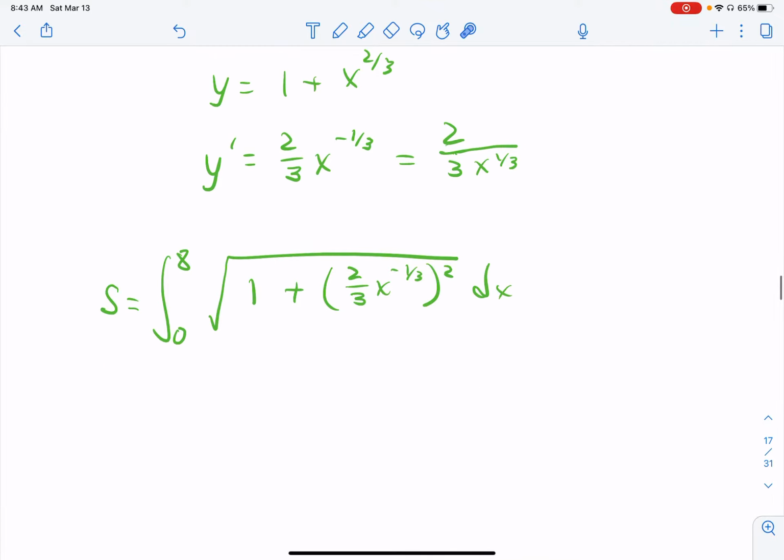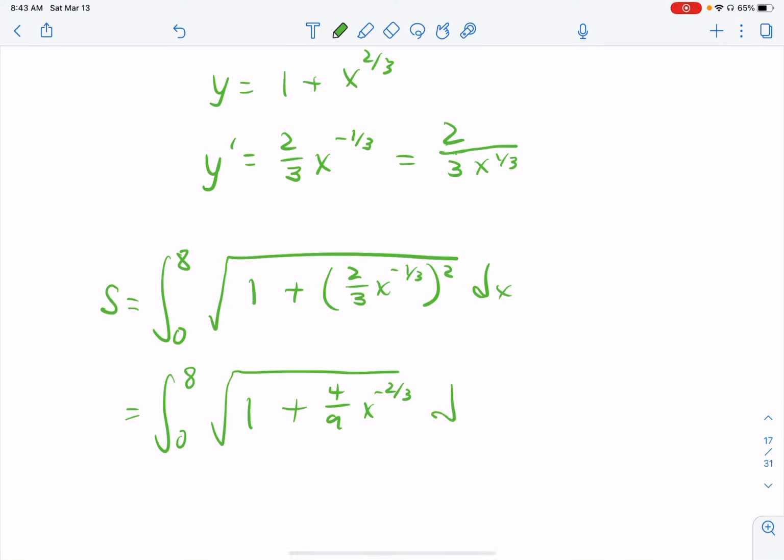When I square this, that does not make this exponent positive. A power to a power, you multiply the two exponents, and I'll have to square that number also. So it's the integral from 0 to 8 of the square root of 1 plus 4/9 x to the negative 2/3 dx.